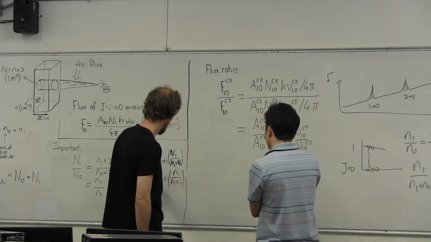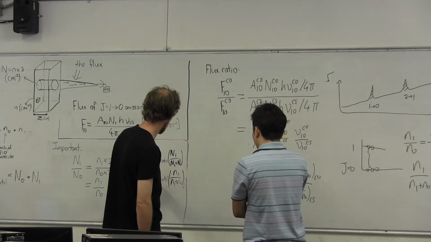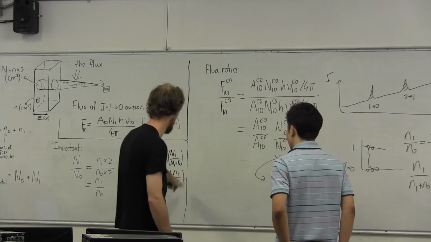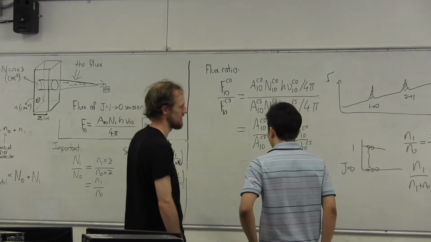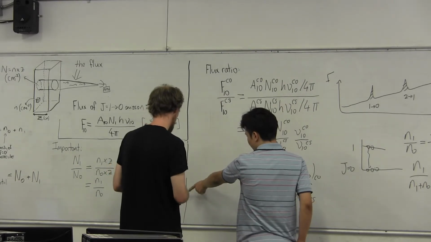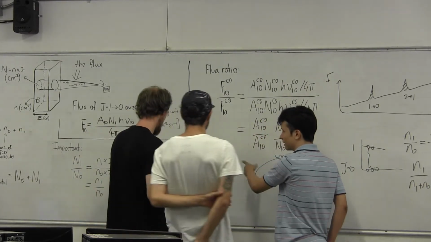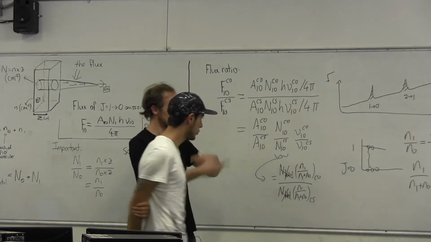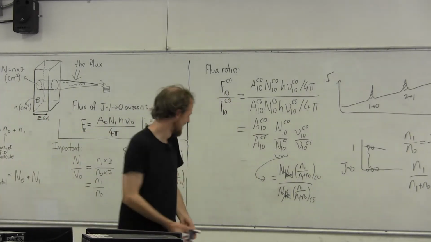And this is the total column density. The fraction of the column density in the upper state follows the same fraction as the density, and this is where the density of H2 comes into play, because it's changing this. It's kind of a mini step.